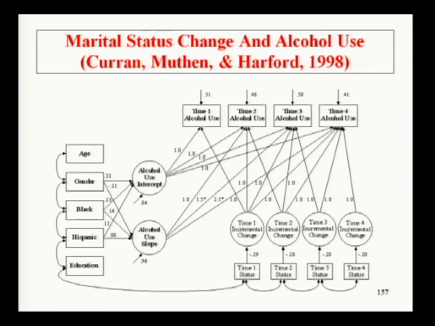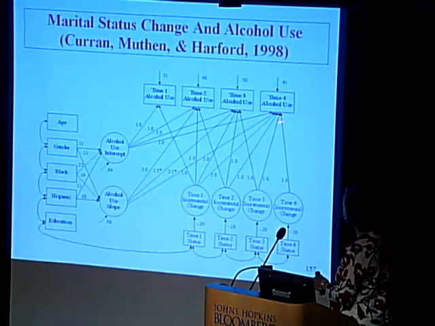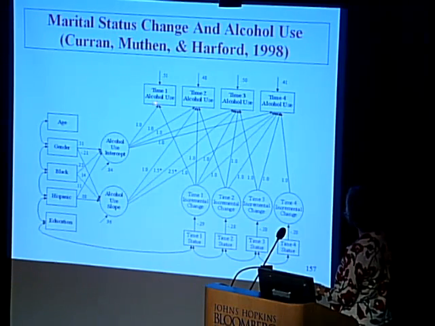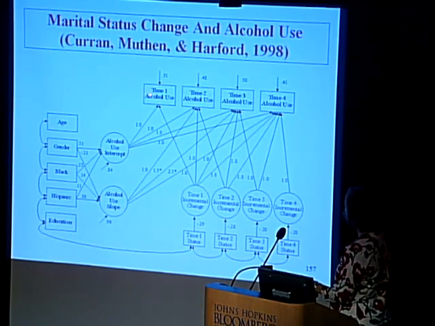So now it looks really complicated, but with everything you know so far about going from a picture to a diagram, you're going to recognize that this is just a growth model. So this part of the model is simply a growth model. So we have our alcohol use at time 1, time 2, time 3, and time 4.